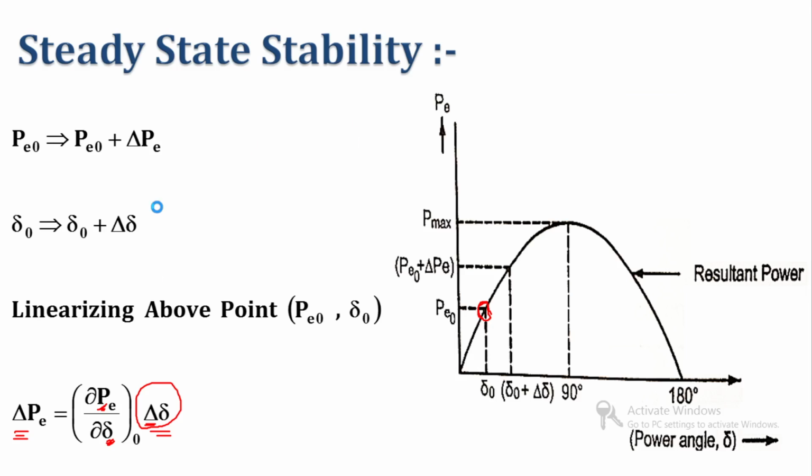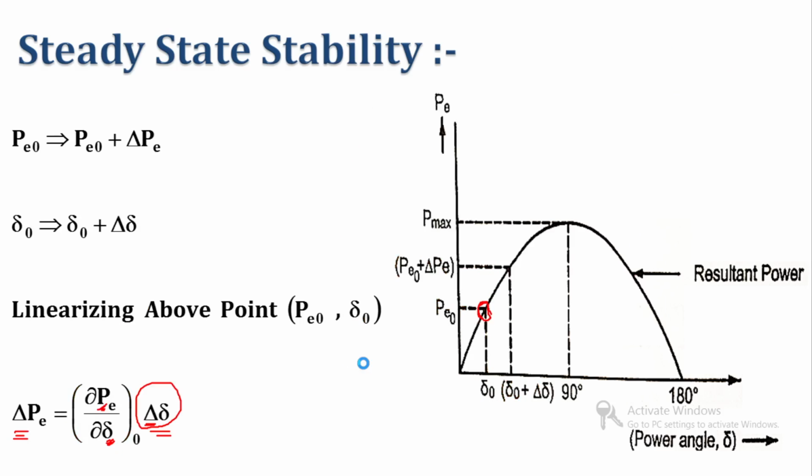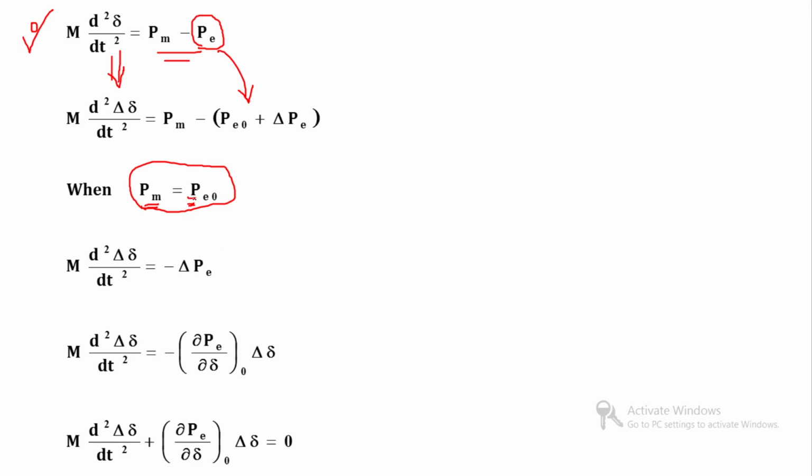I have told you that initially we have considered a lossless machine, so the initial electrical power and mechanical power are the same. So we put P0 equal to Pm, and both will get cancelled out. So the equation becomes M d square delta delta by dt square is equal to minus delta P.